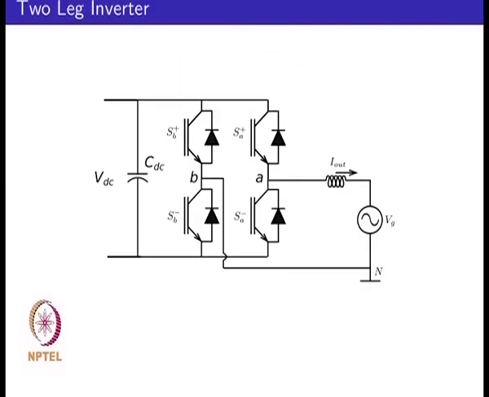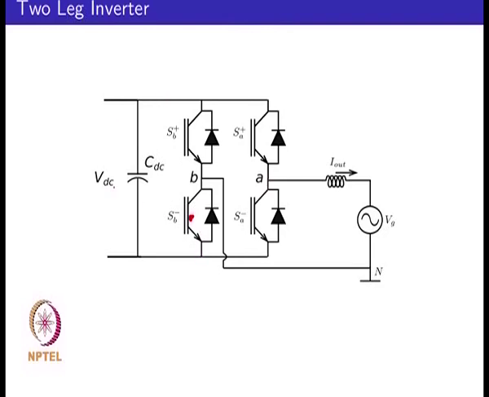One possible method for modulating the power converter could be that you could switch, say, leg A at high frequencies. When you want to get a positive output voltage, you could say turn on this particular device. So, if this particular device is on, leg B would be connected to the negative DC bus.